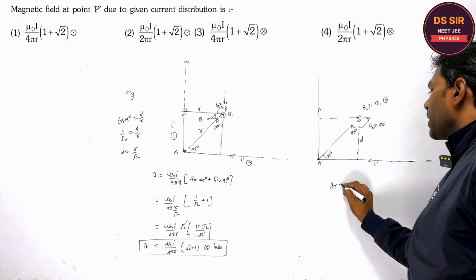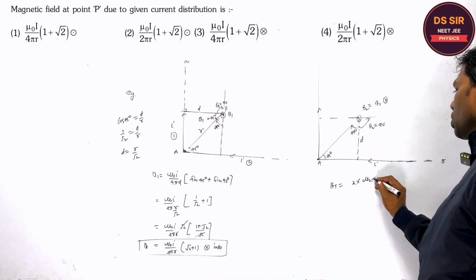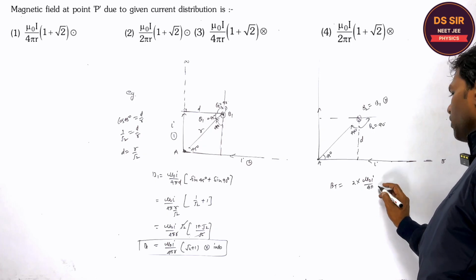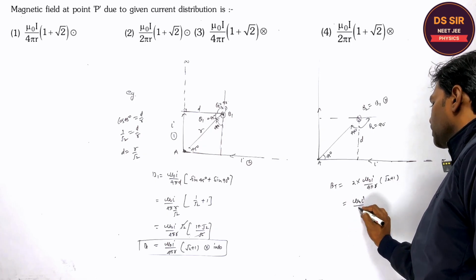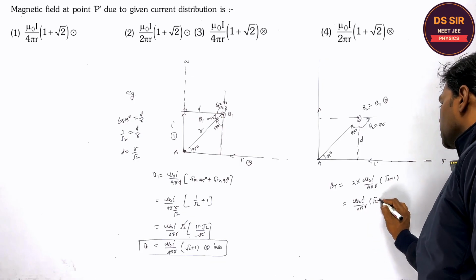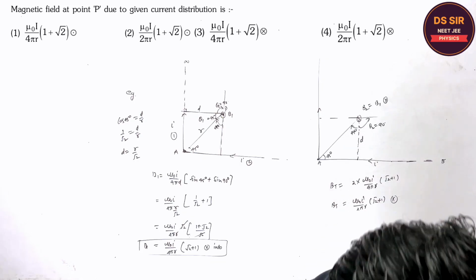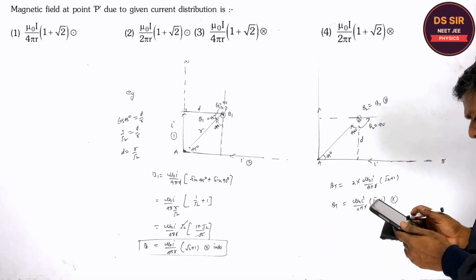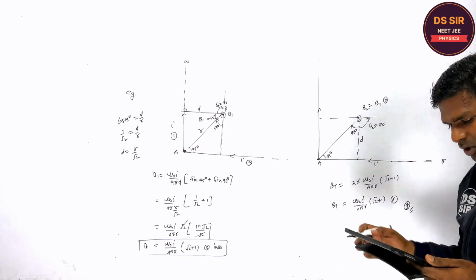So what is the total magnetic field? 2 times of this: mu naught I upon 4 pi r, root 2 plus 1, into the board. Is it clear or not, you tell? Yes. So the fourth option is the correct option.